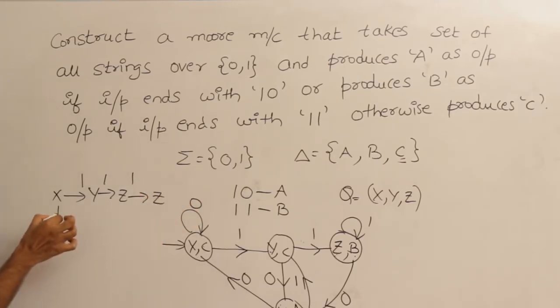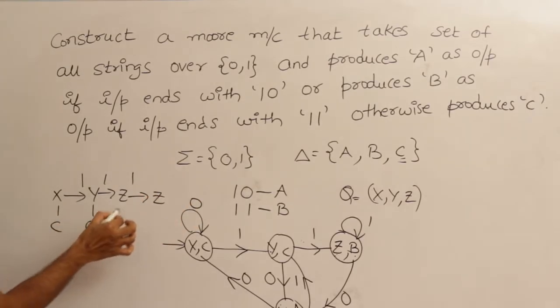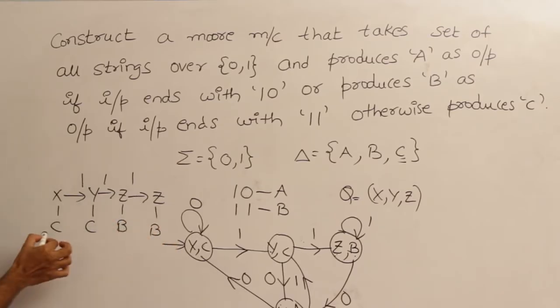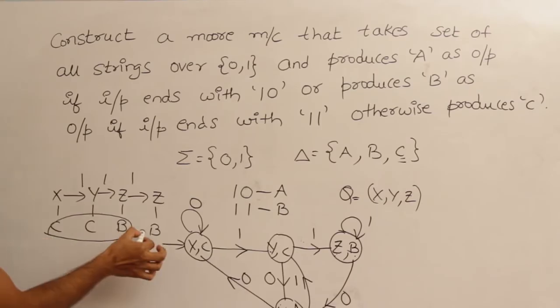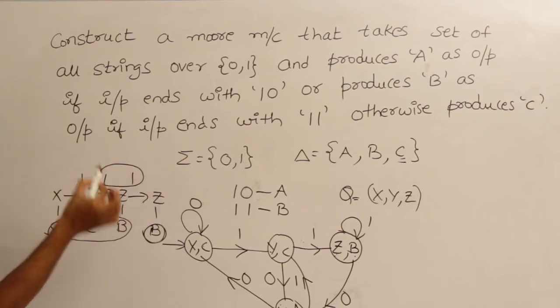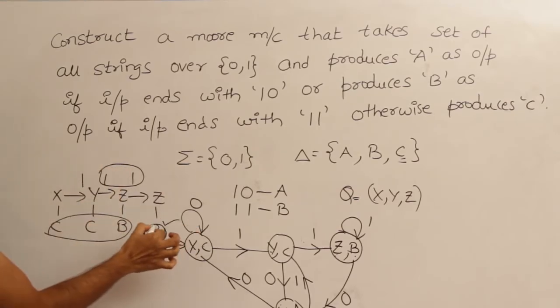So the outputs are going to be C, C, B, B. We need not care about all these things, we are going to care about the last output, which means if the input is going to end with 1 1, definitely we are going to see B in the ending.